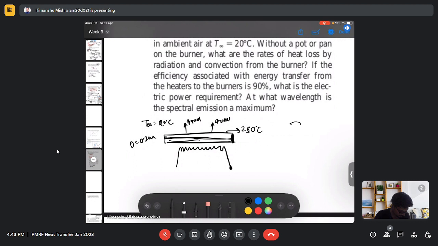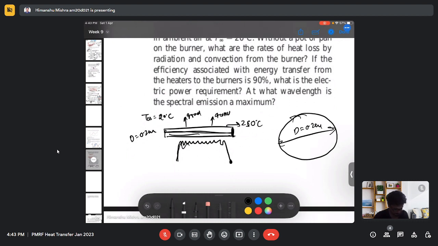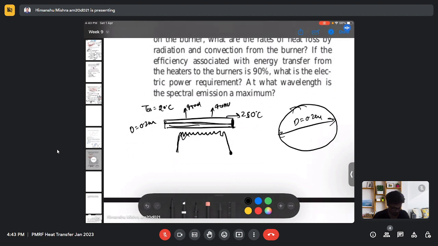From the top side it looks like a circular surface of diameter 0.2 meter, and below this surface there is a heater. It is like this in some other view, and beneath this plate there is a heater placed, and there will be radiation from this plate to the top.